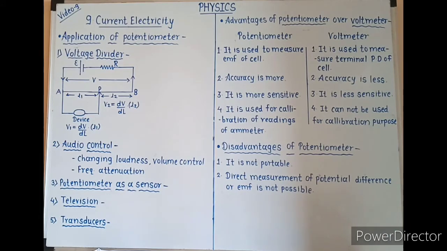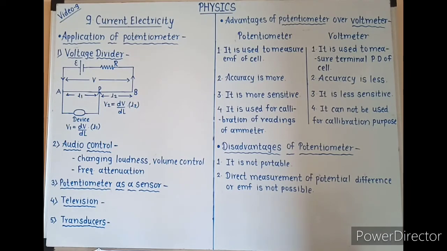The second point of the potentiometer is that accuracy is more. The measurement of potential difference or EMF is very accurate in the case of the potentiometer, whereas in a voltmeter accuracy is less as compared to the potentiometer.